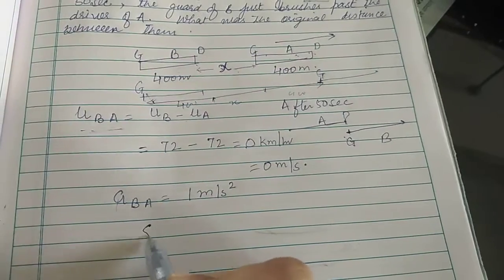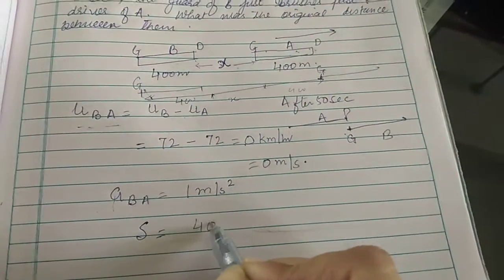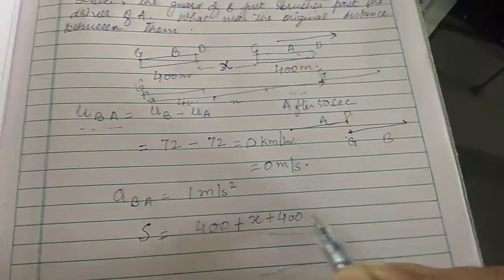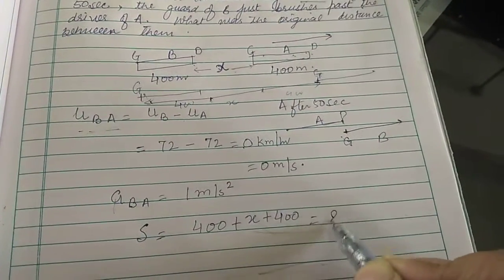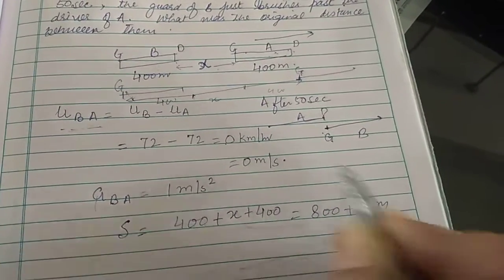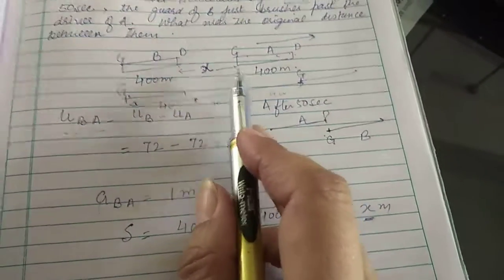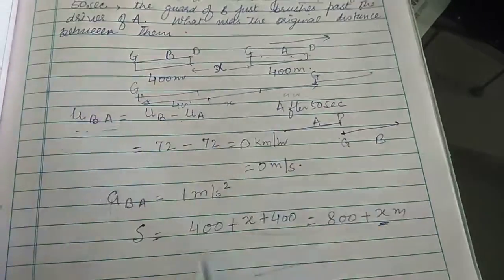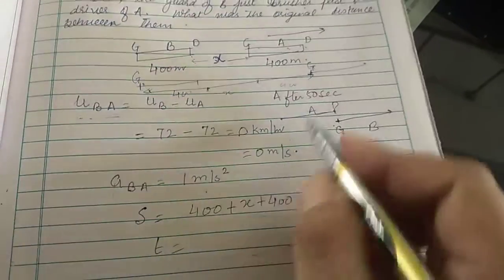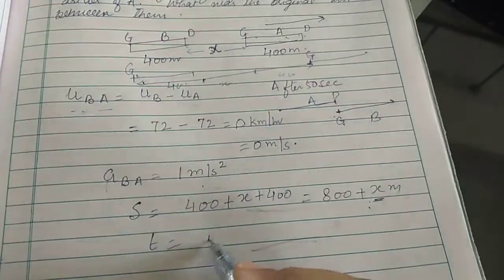So the total distance traveled is 400 plus x plus 400 in meters, that is 800 plus x meter, where x is the initial distance between the guard and driver of the two trains. The time taken to reach this situation is 50 seconds.